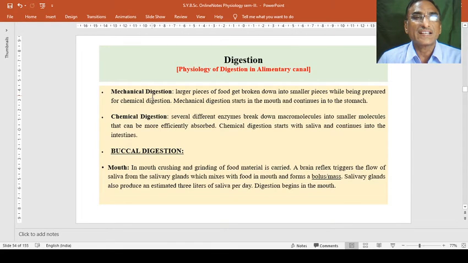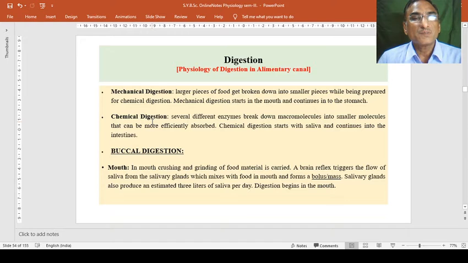Chemical digestion is done with the help of digestive enzymes, because enzymes are the chemicals which digest the food material. Mechanical digestion starts in the mouth or buccal chamber and continues into the stomach. The food is churned or masticated in the mouth, saliva is mixed in, and it passes into the stomach. Then in the stomach, the further process of digestion takes place.